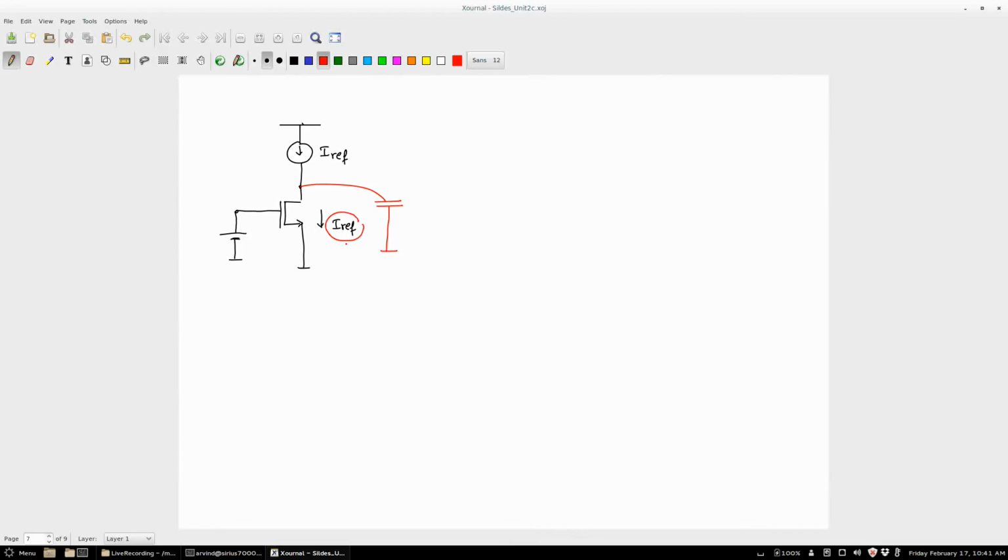Okay, now for some reason you have set everything up and IREF is flowing through the current source and also IREF is flowing through the transistor. Assume that is the situation.